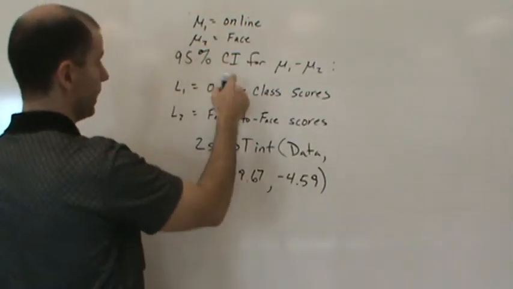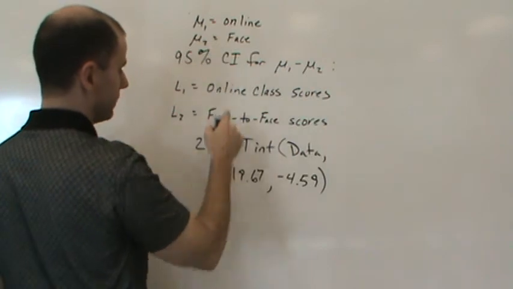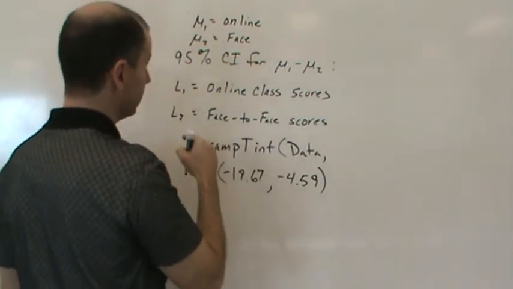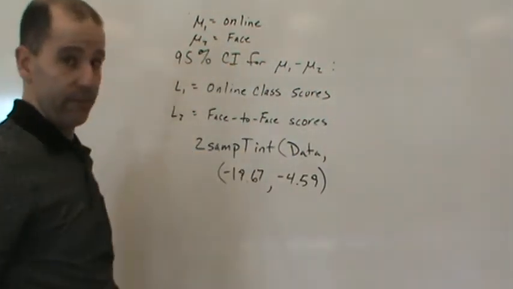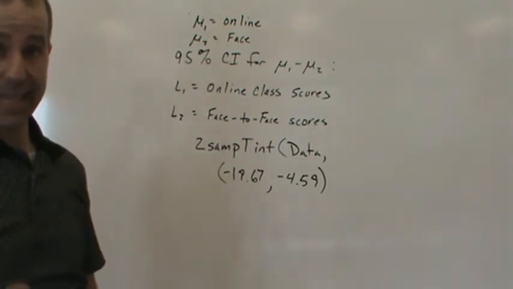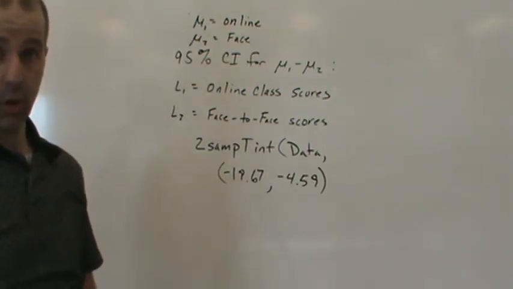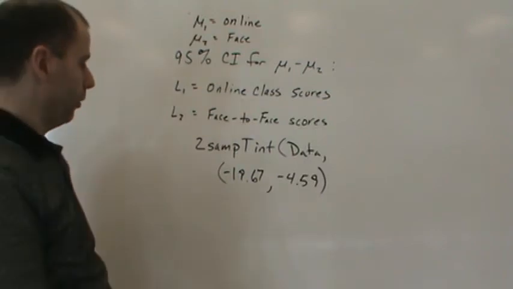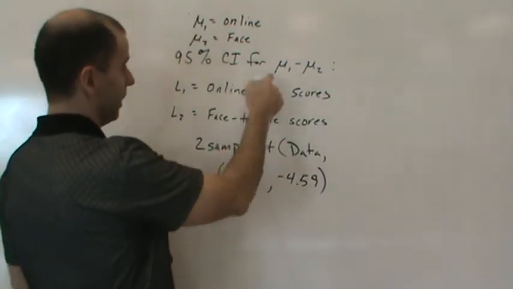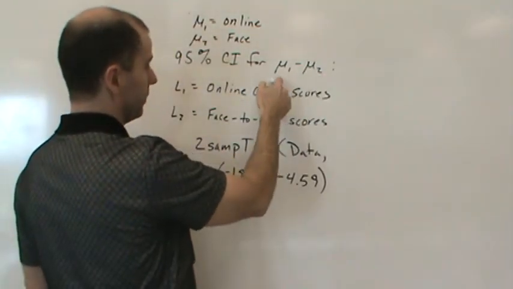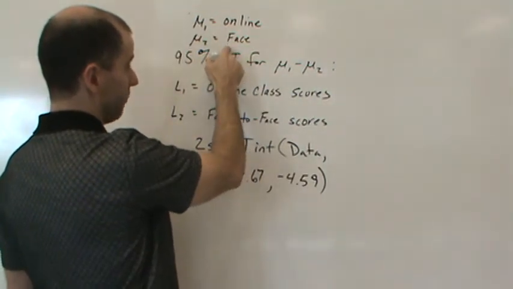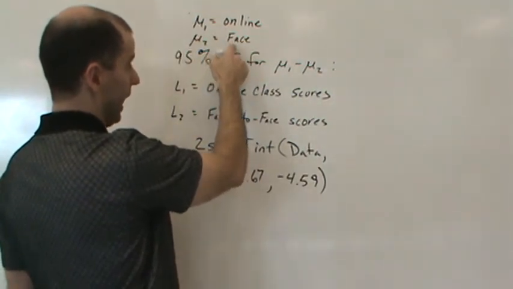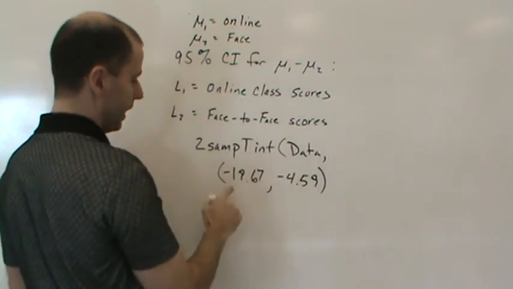Well, if we're subtracting this from this and it's negative, that means the face-to-face class has the higher scores on average, okay? Because it's negative. So that means this is bigger than this. So the face-to-face class tends to have a higher average than the online class.